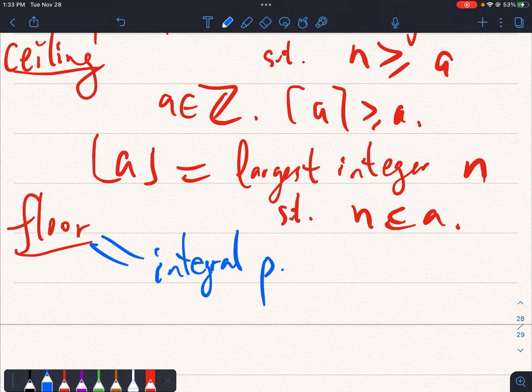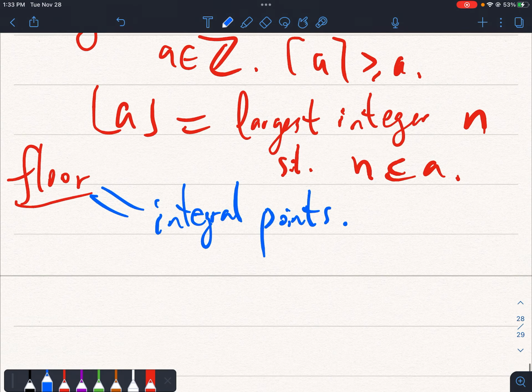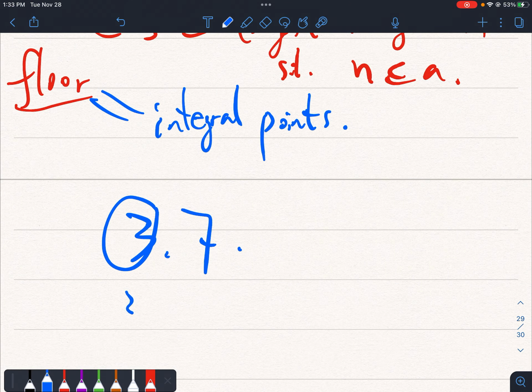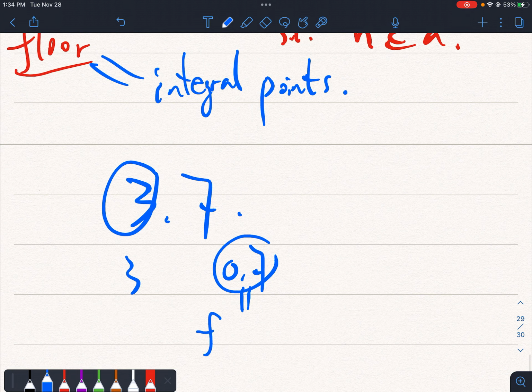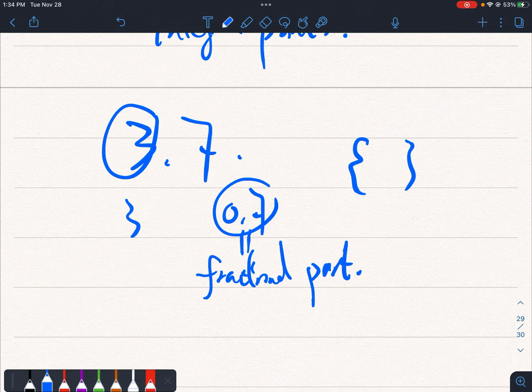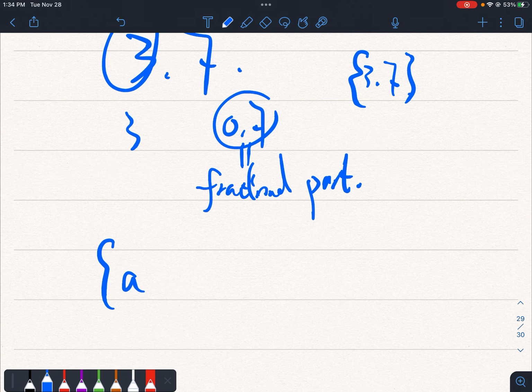For positive numbers, for example 3.7, the integral part is 3, and then what remains is 0.7, right? It is called the fractional part, and it's denoted by the curly bracket of 3.7.